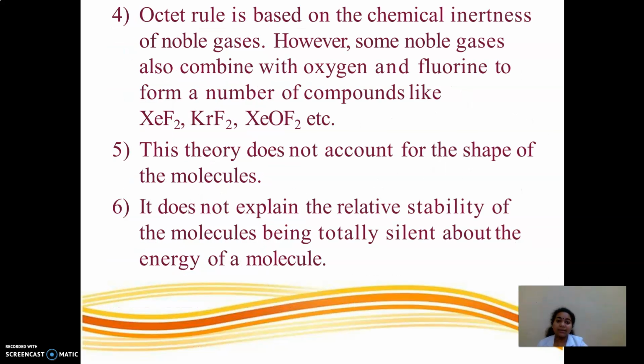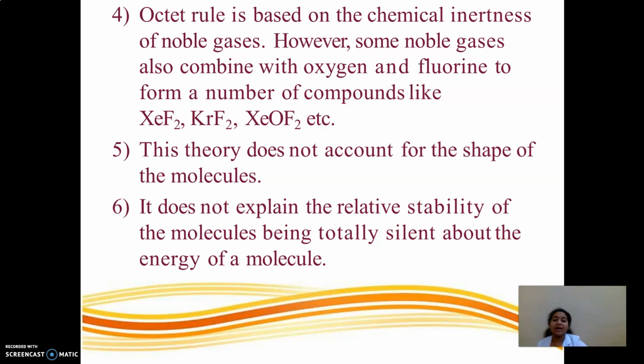Another limitation is that the octet rule is based on the chemical inertness of noble gases. We know the octet rule states that noble gases have high stability because they have 8 electrons in the valence shell. They have a complete octet, hence they will not make chemical bonds with any other element. This is one of the postulates of the octet rule.